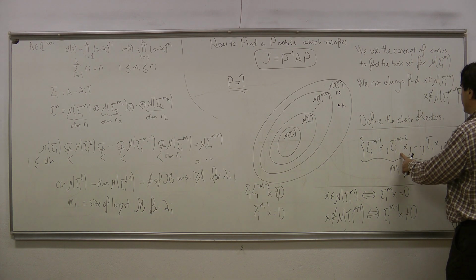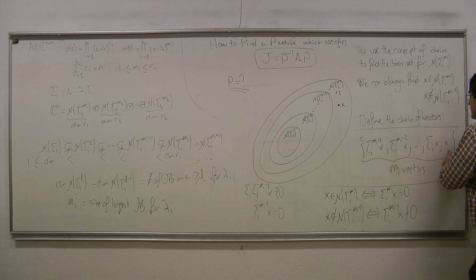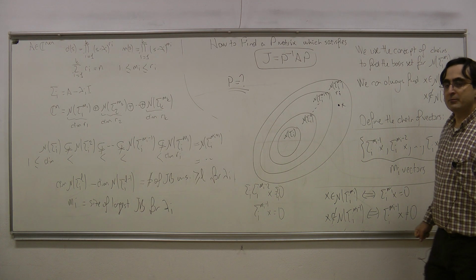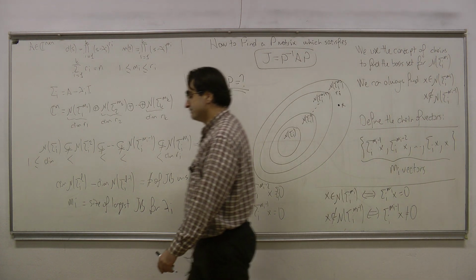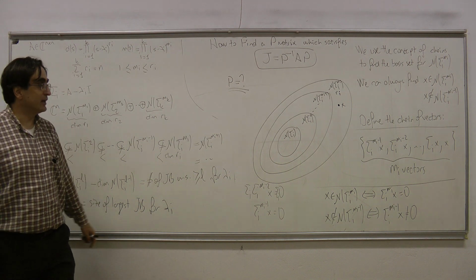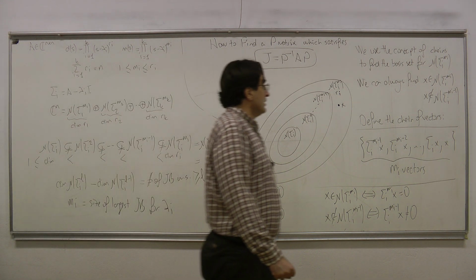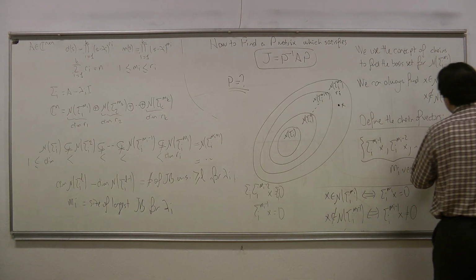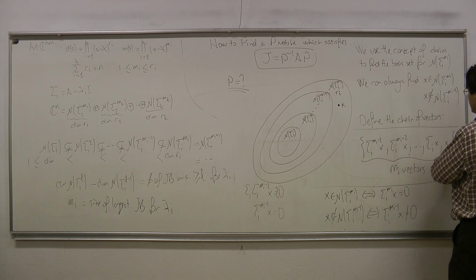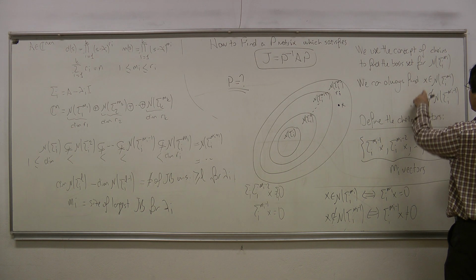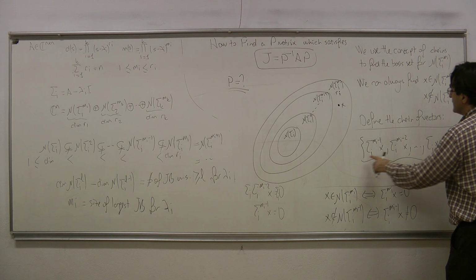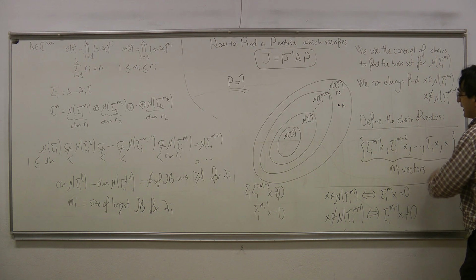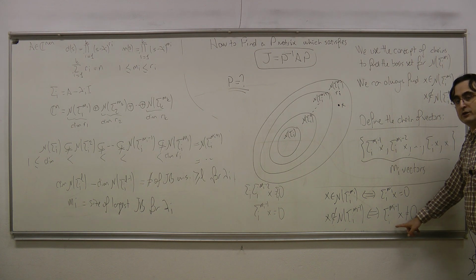Okay? So this can't be equal to 0. And you can see that none of the vectors here can be equal to 0. Okay? So that is an important fact here. If I can form such a chain of vectors by choosing x with these conditions, then none of the vectors here can be equal to 0 because of this condition.